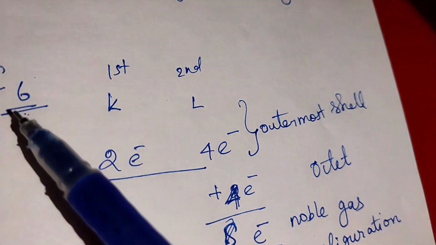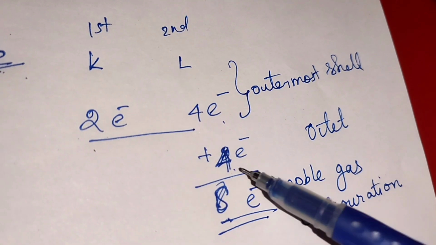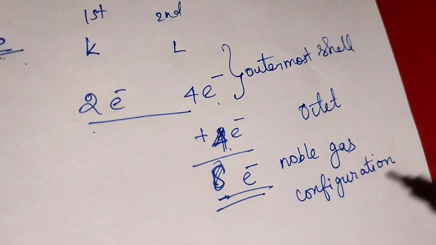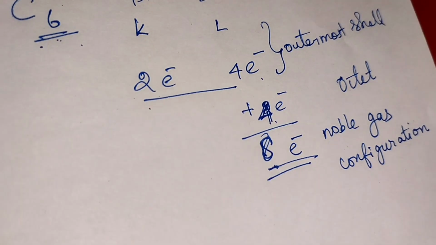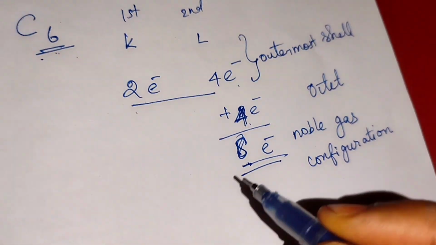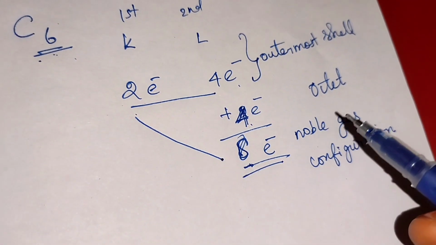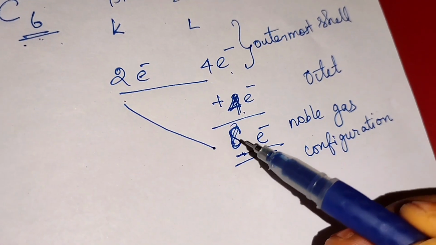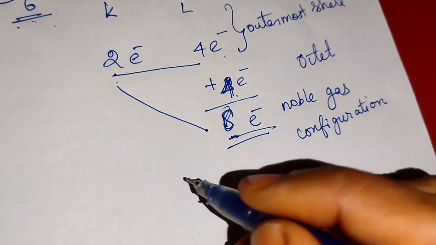So here carbon contains 4 electrons in the last shell. If we add 4 electrons, it will become 8 electrons and get the noble gas configuration. But if we add 4 electrons, totally here 8 and here 2. You just imagine you are adding 4 electrons. So here 8 electrons will come, here already 2, so totally 10 electrons.